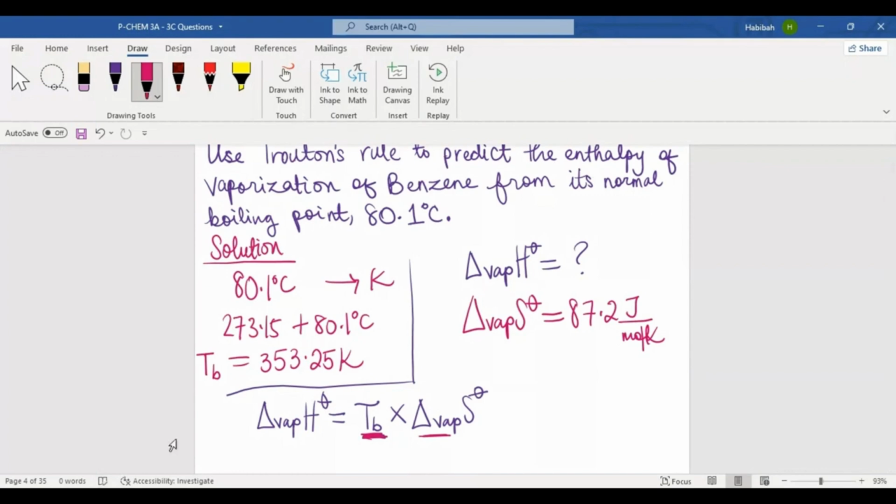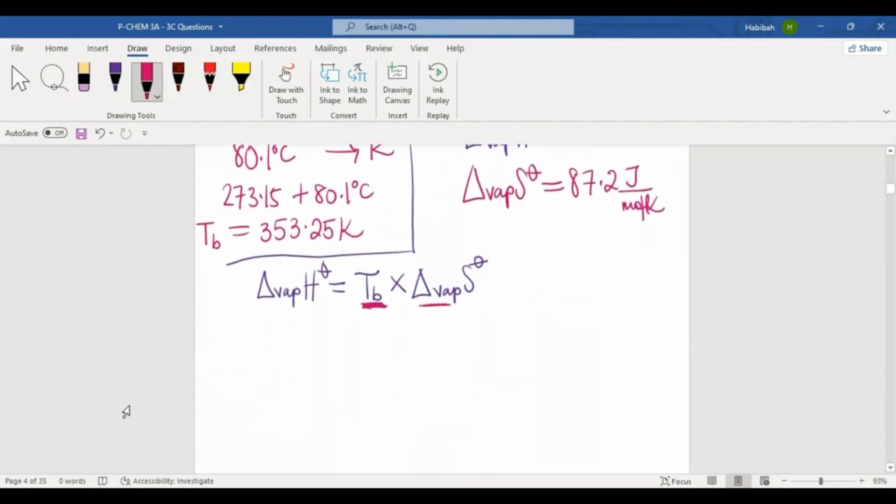So of course you have 2 parameters, so you can just simply substitute. So you have the change in enthalpy of vaporization is going to equal 353.25 kelvins times the change in entropy of vaporization, which is 87.2 joule per mole Kelvin.